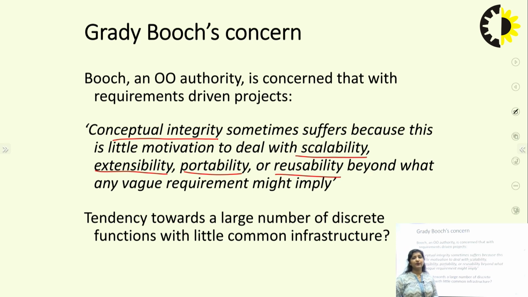Now coming to these words one by one, first one is scalability. What is scalability? Scalability means that if a software is working for 100 users, and now I want that system to work for 1000 users, then that software must work with the same efficiency, with the same response, for those 1000 users as well. That is scalability. Second one is extensibility.